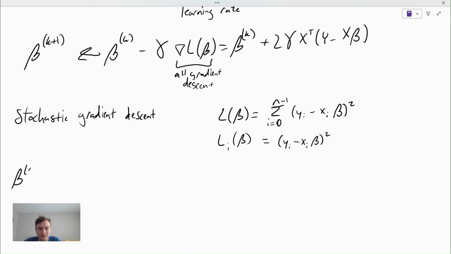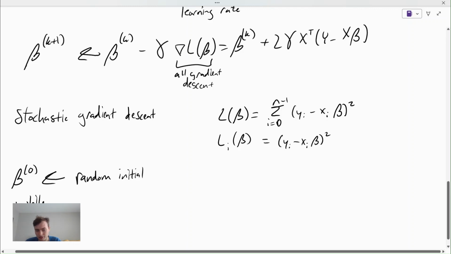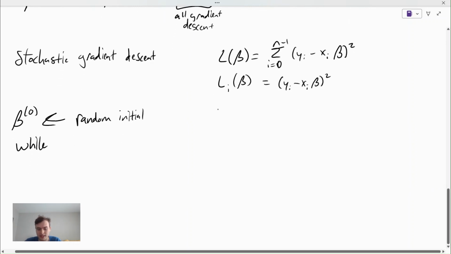So first we can initialize beta 0, and instead of setting it equal to 0, it's better to use a random initial value, because then our solution could be further away from 0. We're not going to get the local extremum that's close to 0. It's going to be close to some random value.